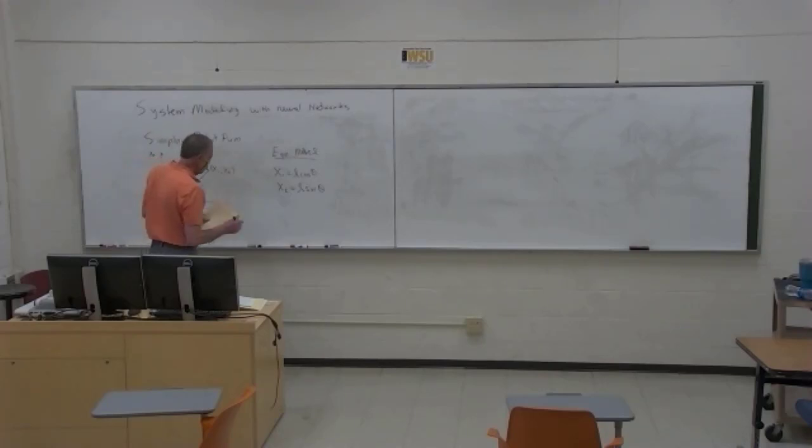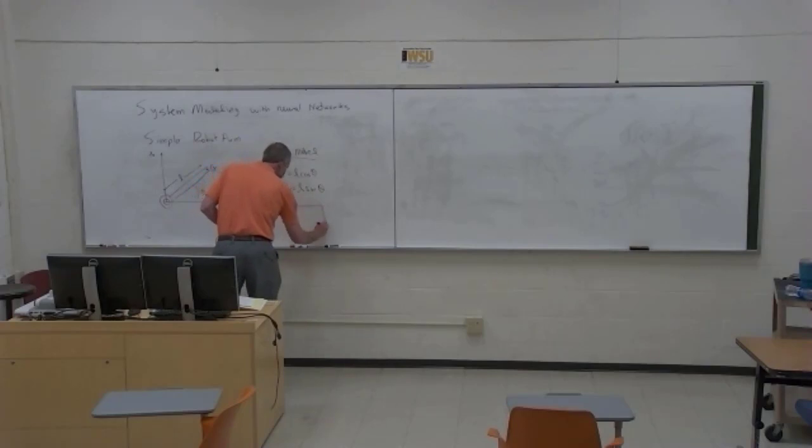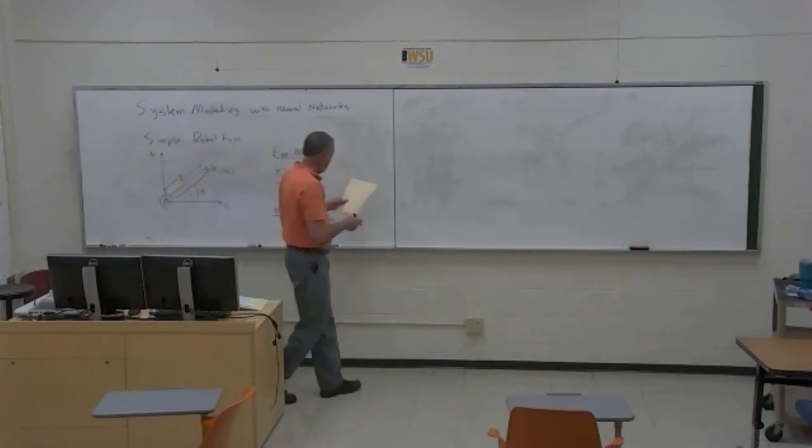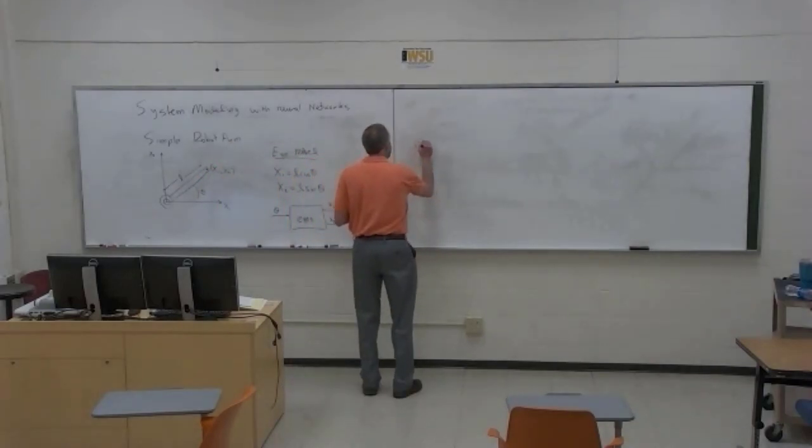So the equation, the block diagram, that's that. If we wanted to use a neural net to do the same thing, one way we could do it is with a real simple neural net that looks like this.